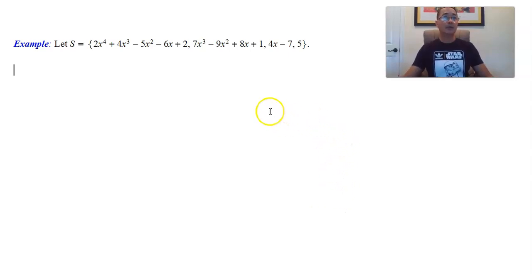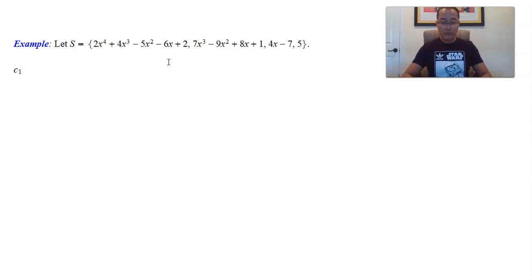All right, so let's go back to polynomials, but this time we are in P4. And there is something very special going on about this set of polynomials. Same question: is this set dependent or independent?